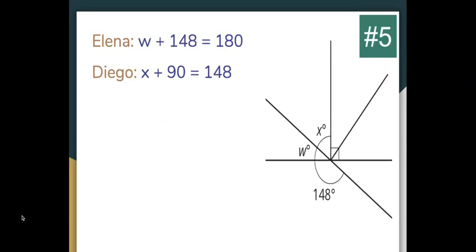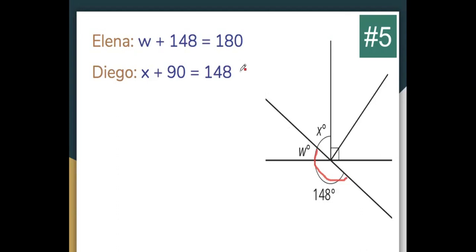For our fifth situation, Elena believes that W plus 148 is 180, while Diego thinks that X plus 90 is equal to 148. In this situation, we have to break down a lot to understand it, so let's look at each one first. W plus 148: W here plus that 148 does seem to form a straight angle, so we know that's 180.